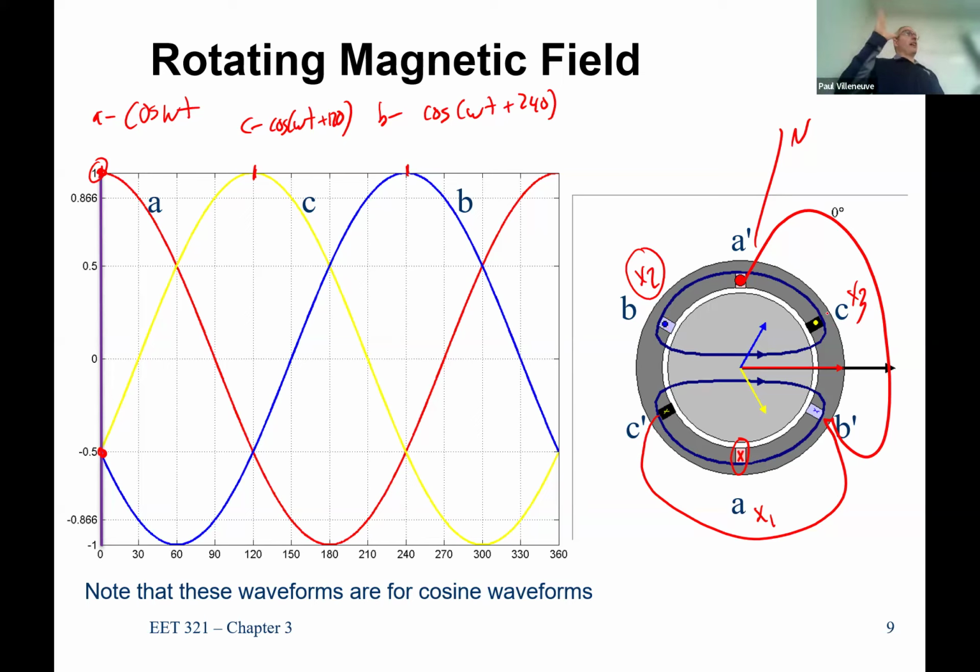So we can go ahead and take our hands, going into terminal X1, and returning on the return of X1, our thumb points at a maximum in the 0 degrees. Now we go to B. B points down. Points up because we're going in, points down. Here is our magnetic field for B. And we do the same thing for C. Current goes in on the bottom, thumb points in the direction.